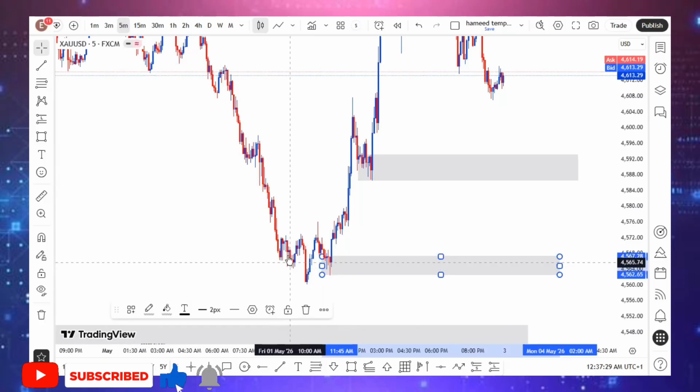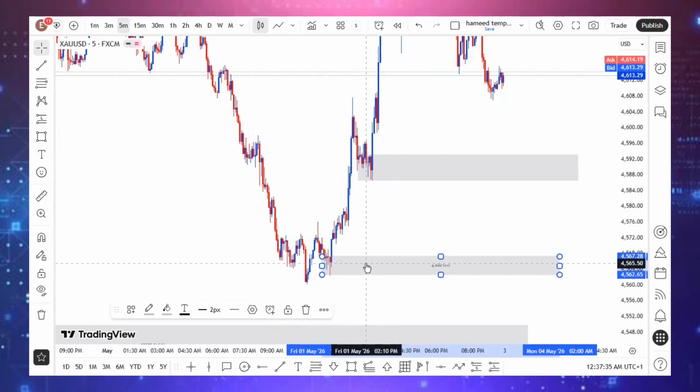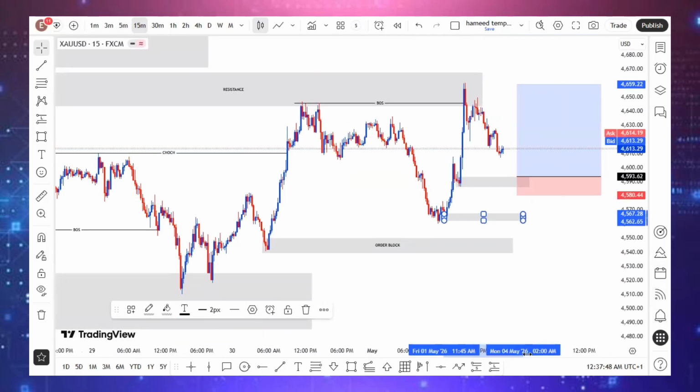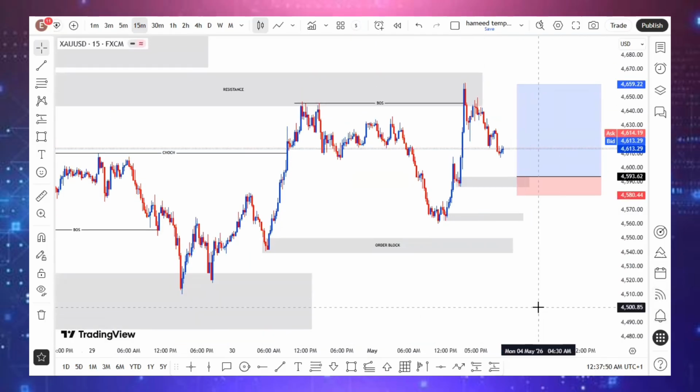Break of structure. Then change of character here, but it did not come back to the order block. It just went from there. Anyway, so we're having three order blocks now to wait for market to come back to. So which one is market going to come to?